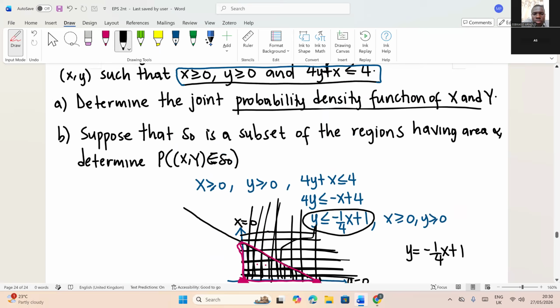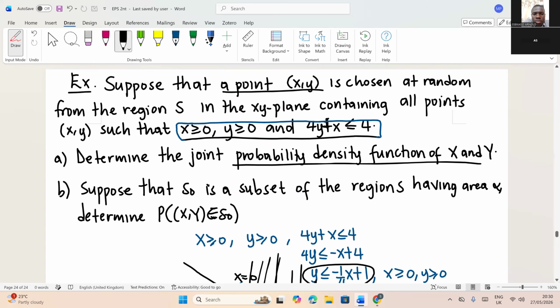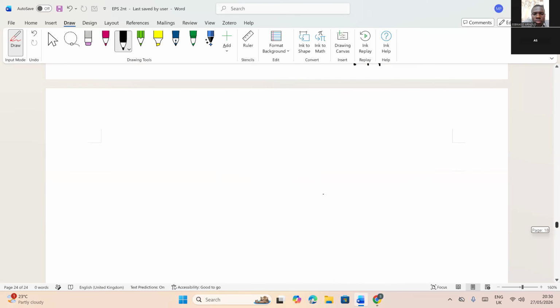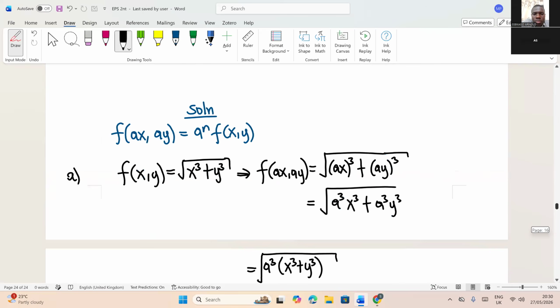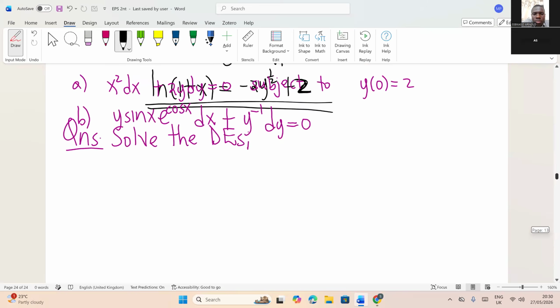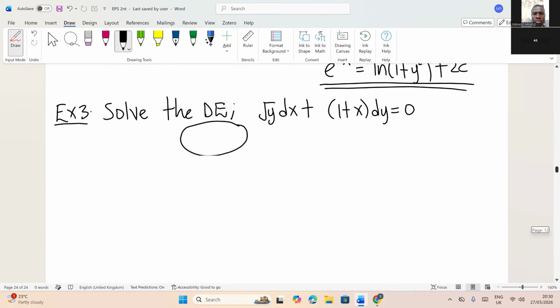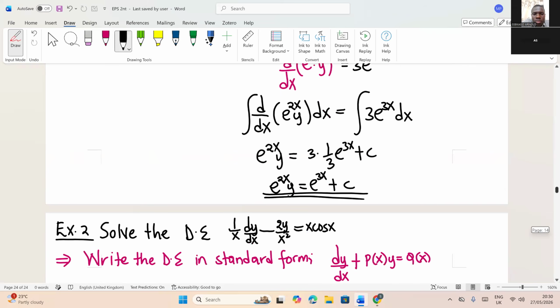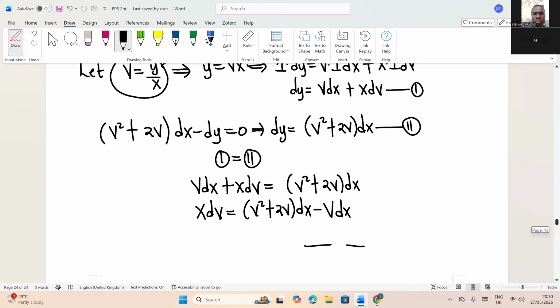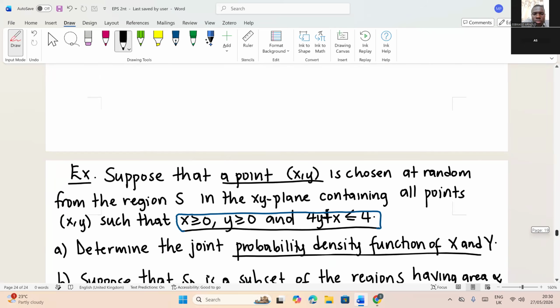Then for part B, suppose that S0 is a subset of the region S. You remember a property which I defined? Maybe I take you back, because you people can easily forget which property. I defined that property when I was introducing this continuous case, probability over a region.